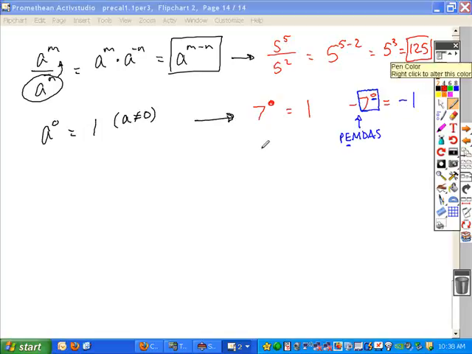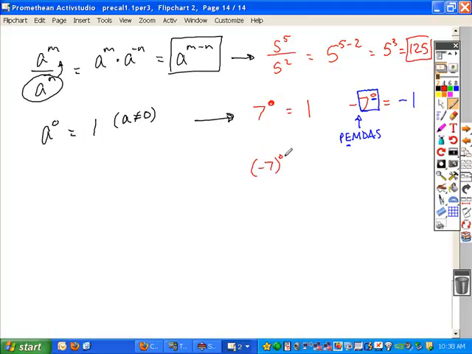Now, what if it looked like this? What's the base that the power of 0 is applying to? It's this whole base, and so now anything taken to the 0 power is 1. Or you could also think of this in terms of the power of a product rule: negative 1 to the 0 times 7 to the 0.